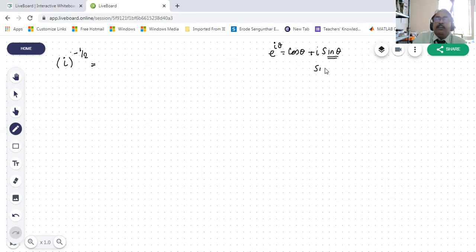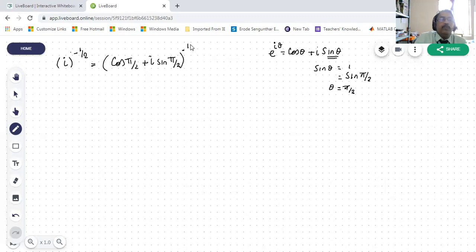When will sin theta become 1? When sin 90 is equal to 1. So theta is equal to pi by 2. So I can be written as cos pi by 2 plus I sin pi by 2, power minus 1 by 2.